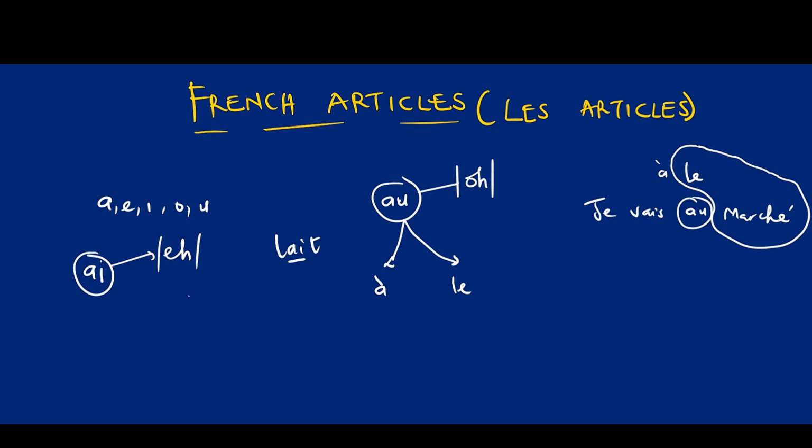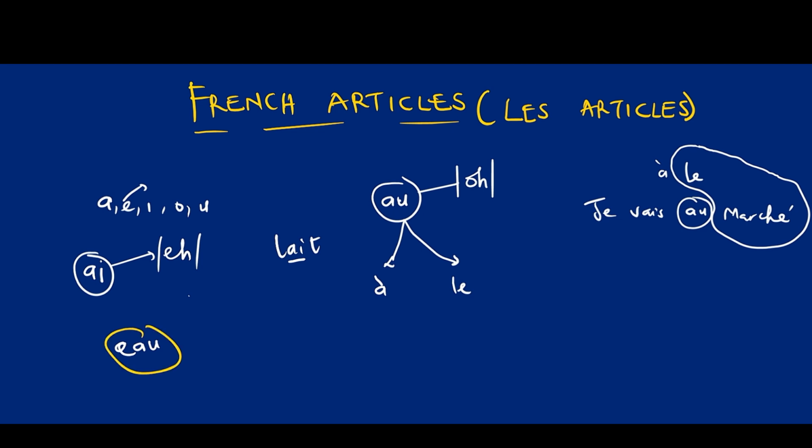Let's move to E. E can be combined with A and U: E, A, U. Just like A U here is pronounced "o", same thing here too.